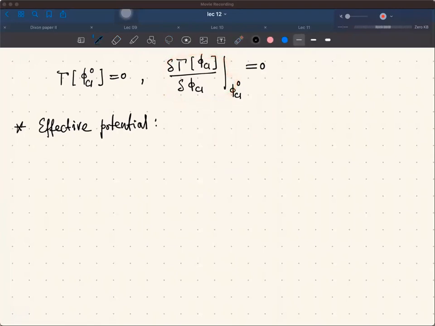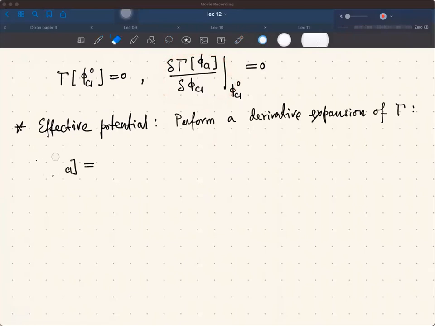So what you do is perform a derivative expansion of gamma.